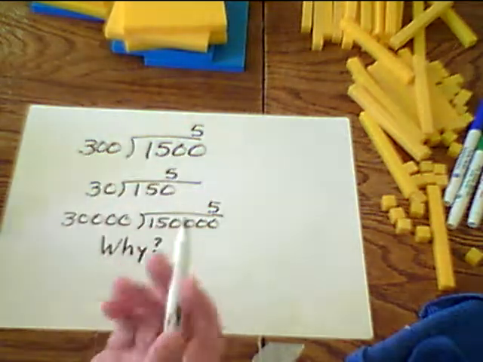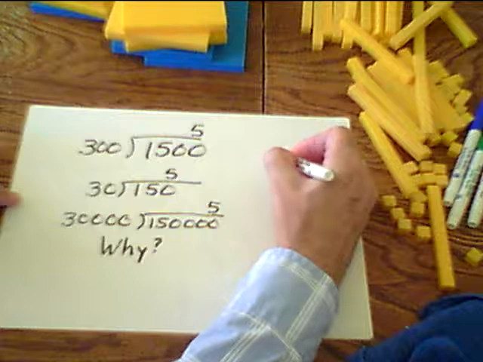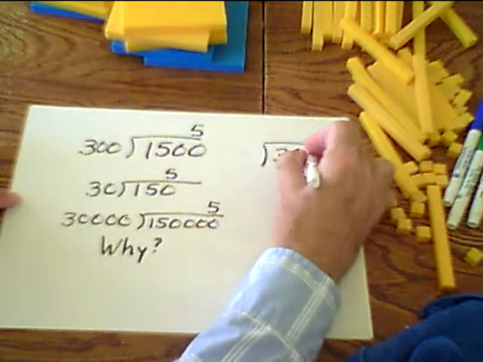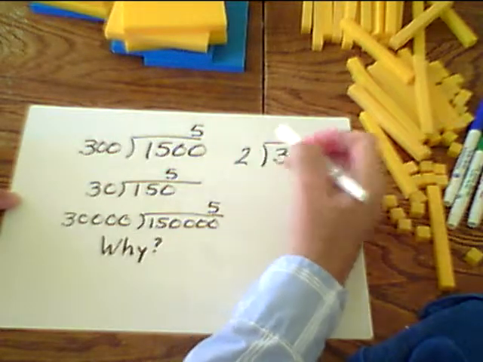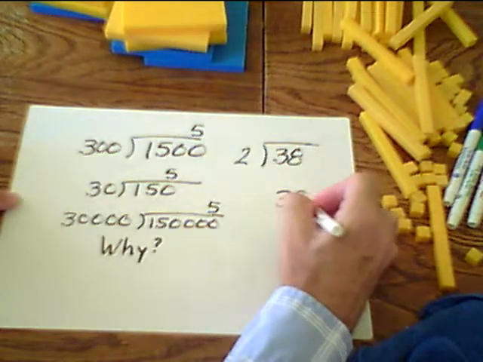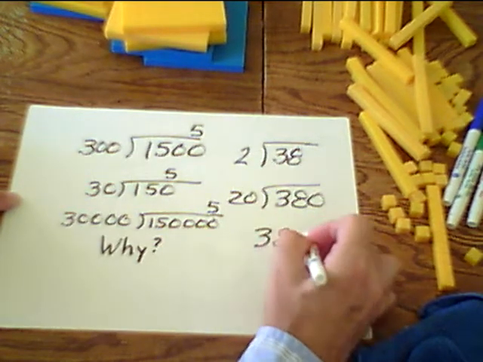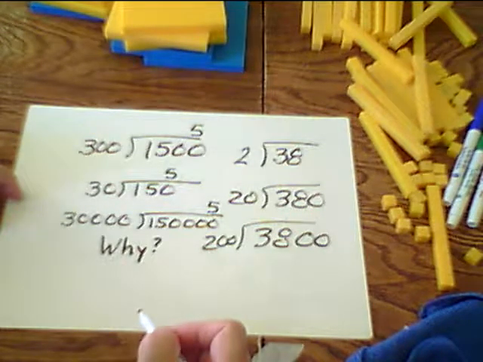We would try this not just with this problem here, but we would try other types of problems, maybe doing something like 38 divided by 2 and just working with this. So 380 divided by 20, 3800 divided by 200, and so on.